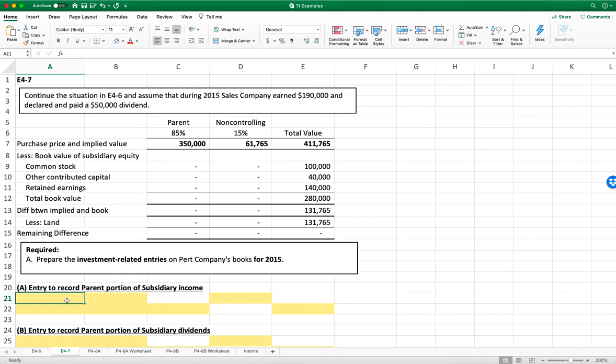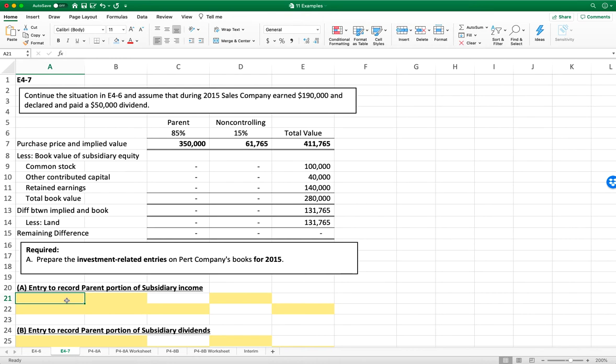Okay, so like last time, they want us to prepare the investment-related entries on PERT Company's books for 2015. So again, we need to remember that PERT Company is using the equity method. And under the equity method, we are going to record a journal entry when our subsidiary company makes income or pays a dividend. In this case, our subsidiary did both.